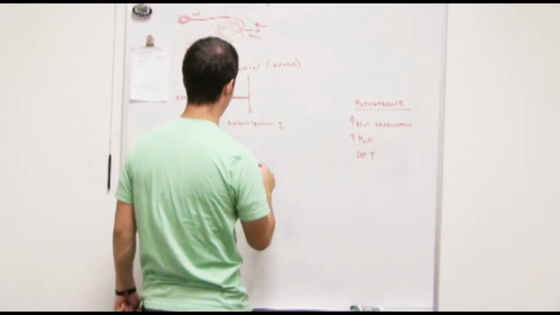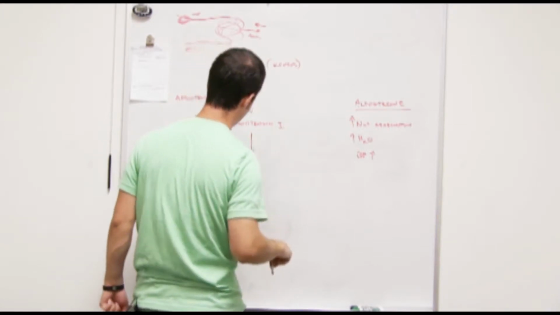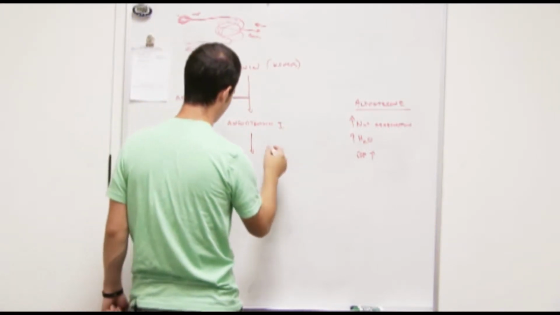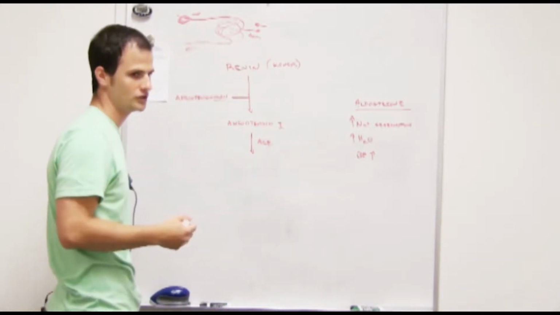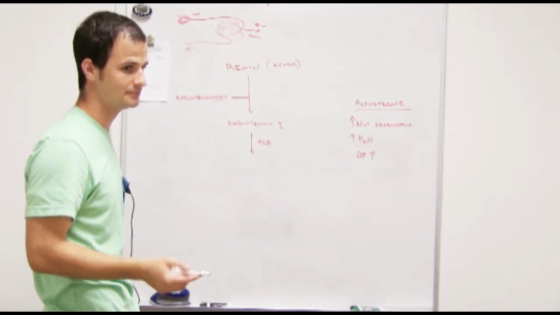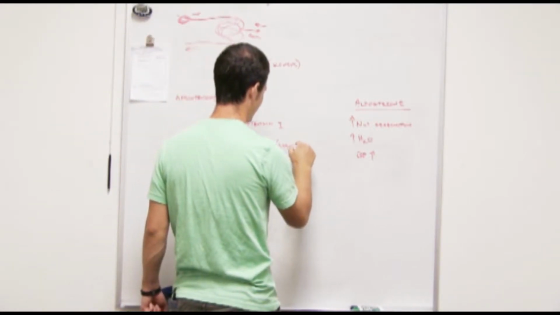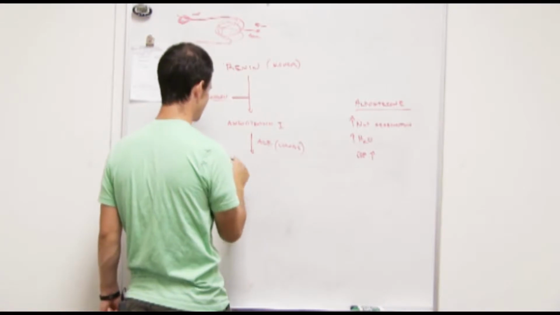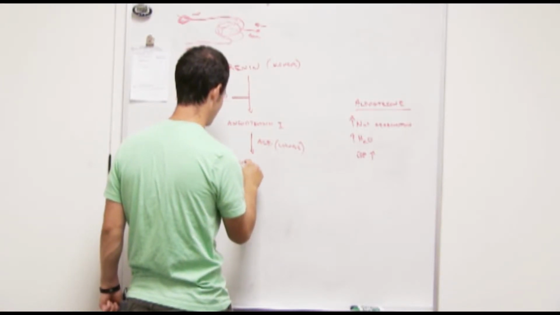Then in the lungs, there's this enzyme called ACE, or angiotensin converting enzyme. That causes angiotensin I to turn into angiotensin II.